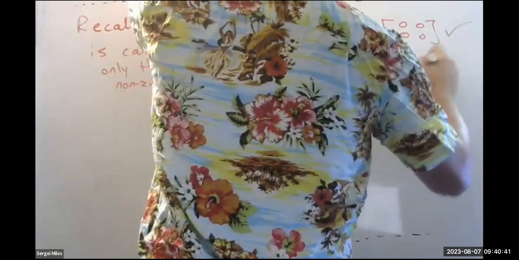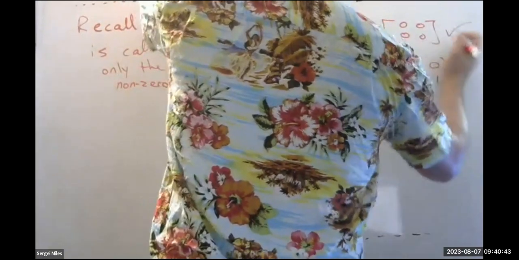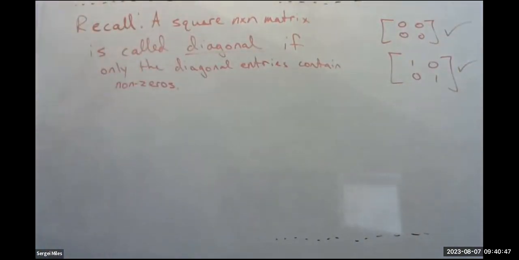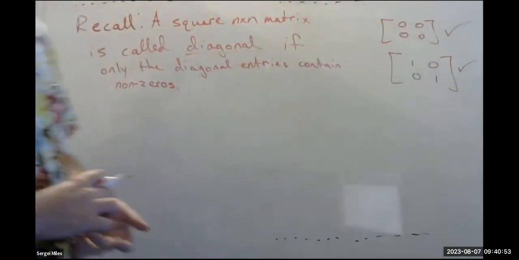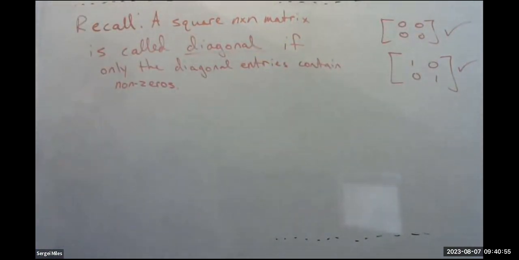The identity matrix is also diagonal. The point of being a diagonal matrix is that your non-diagonal entries must be 0. What's happening on your diagonal? Well, whatever you want, right? But so long as your entries that are not on the diagonal are 0, it is a diagonal matrix.